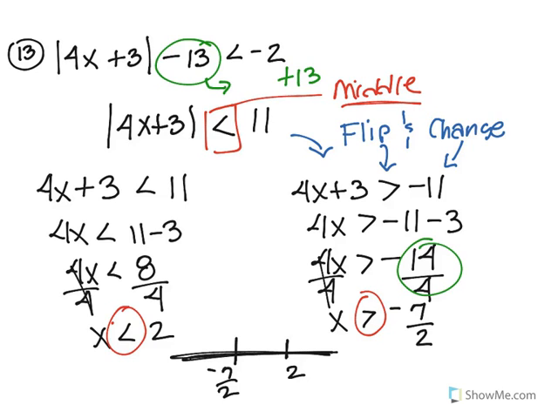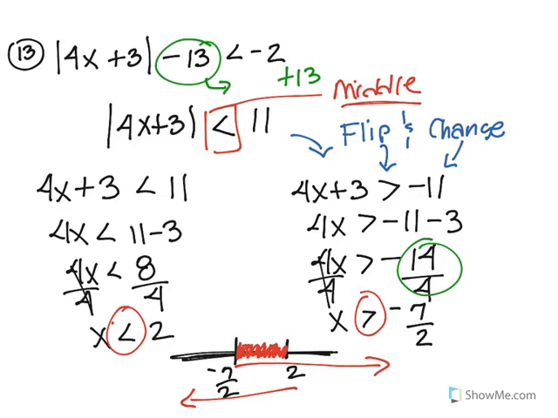So really, you're just shading where it tells you to shade on the absolute value. Now, if they are meeting in the same place, then you only show that meeting place. So if you look at it, it says x is less than 2. That would be coming to the left of 2. And it says x is greater than negative 7 over 2. That's going to the right of negative 7 over 2, I mean. So they both would be in the middle at the same time. So that's the reason why we just shade the middle.